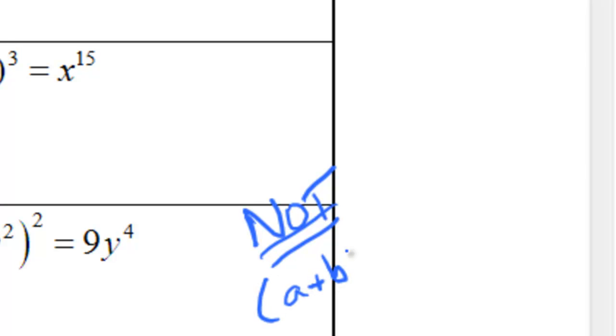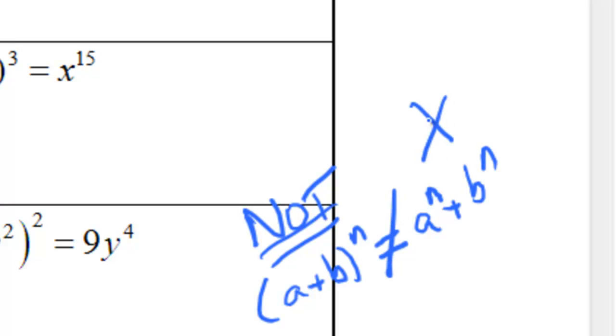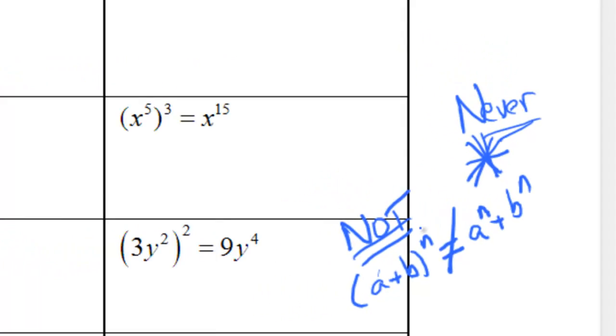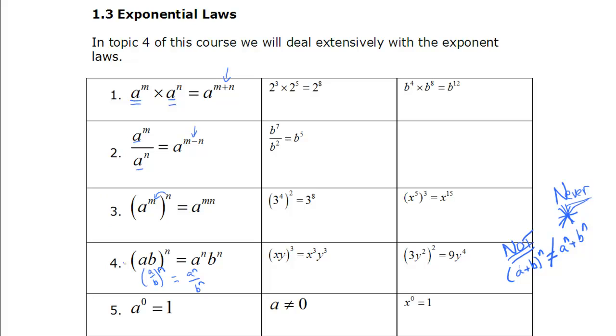A plus b to the power of n does not mean a to the power of n plus b to the power of n. That is not true. Never, never, never, never, never. I can't emphasize enough, as soon as you see a plus sign and an exponent, you need to be much more careful. You notice all these rules that are listed here are for multiplying and dividing, never adding and subtracting. So make sure you keep that in mind.